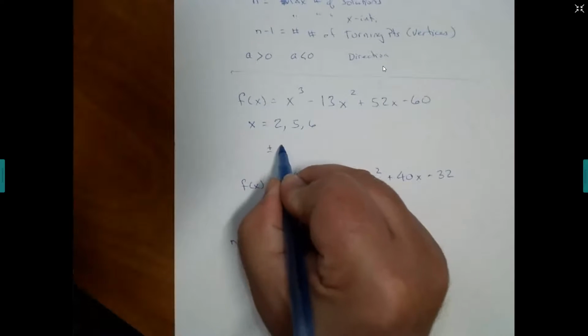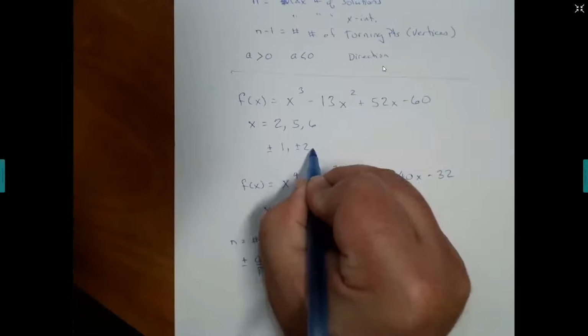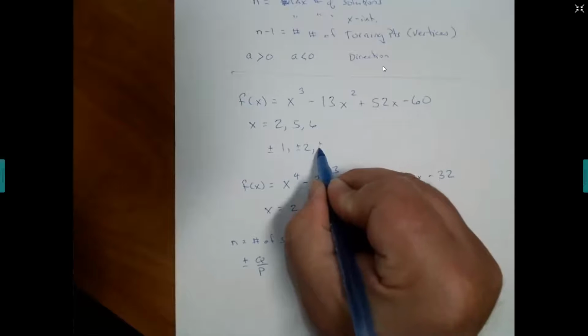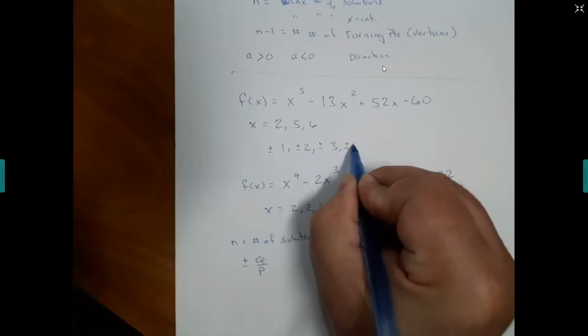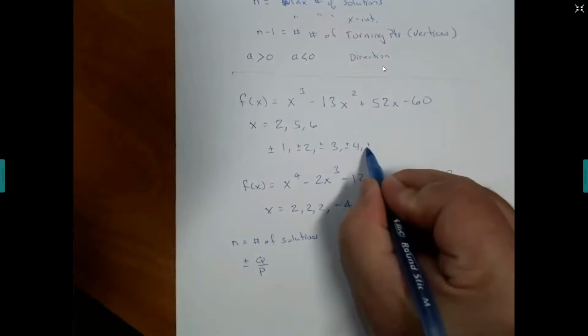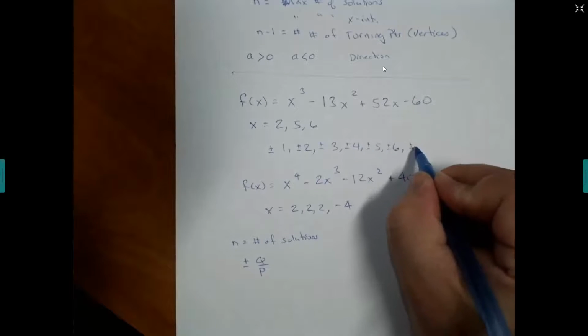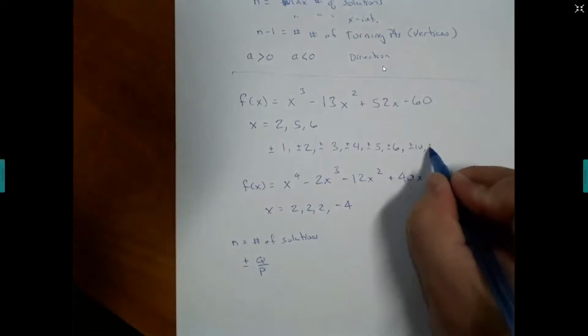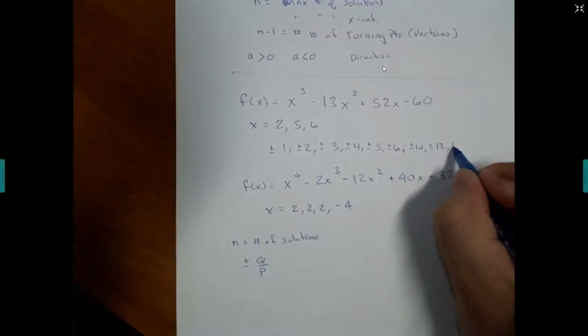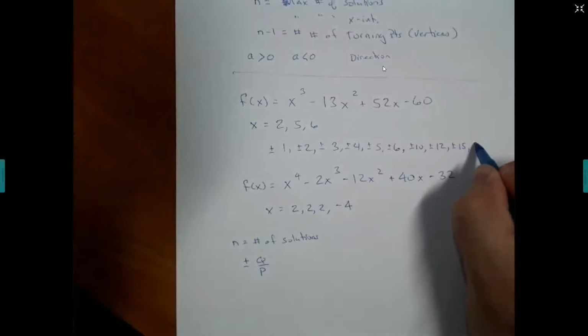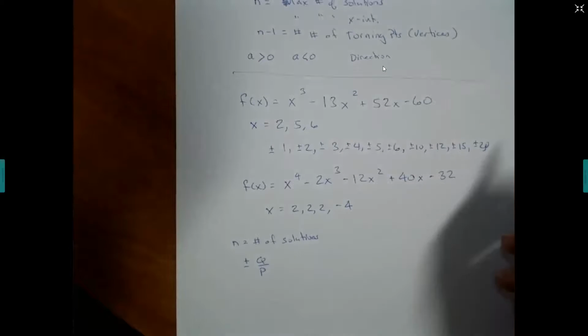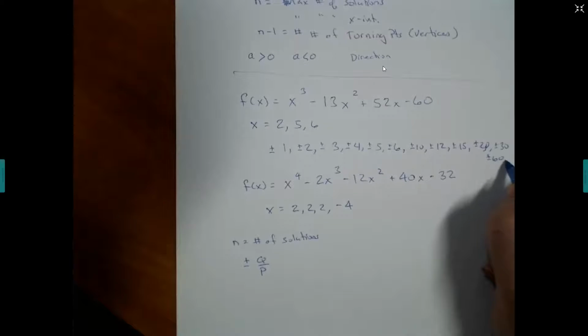So the possibilities were 1, 2, 3, 4, 5, 6, 10, 12, 15, 20, 30, and 60.